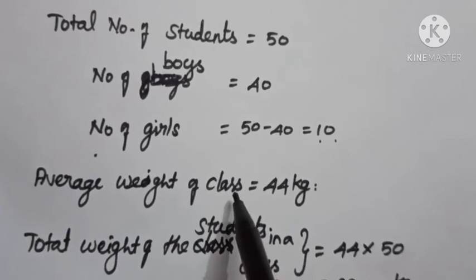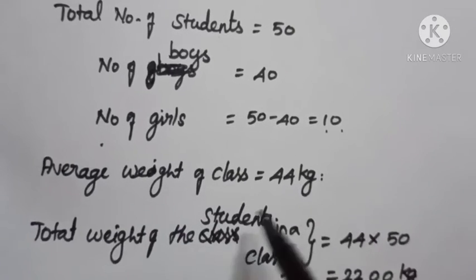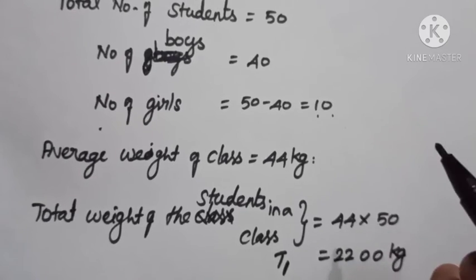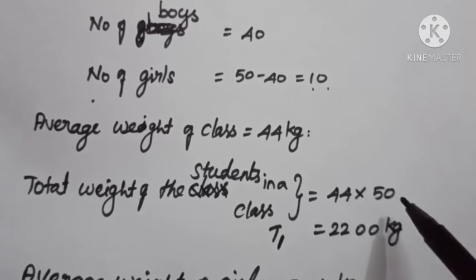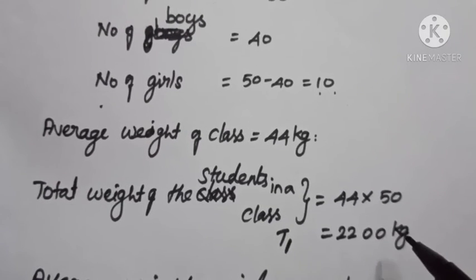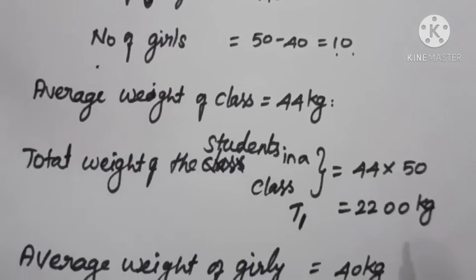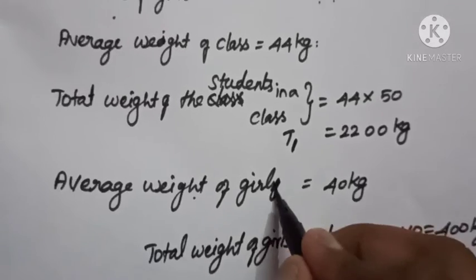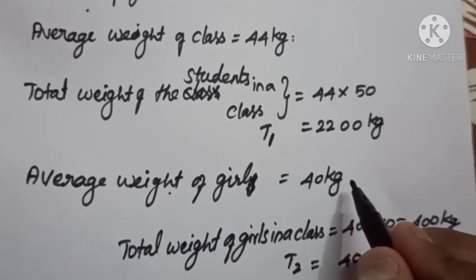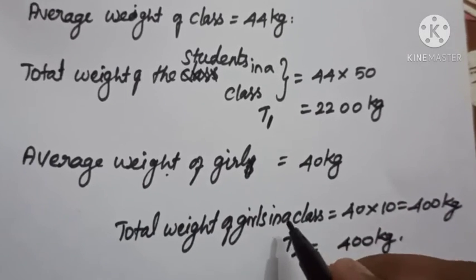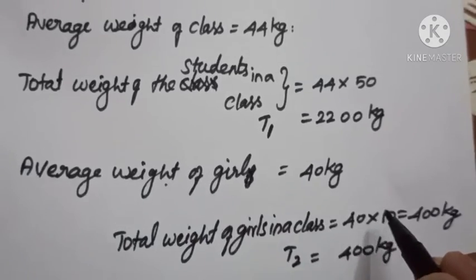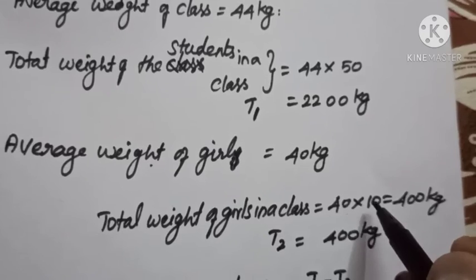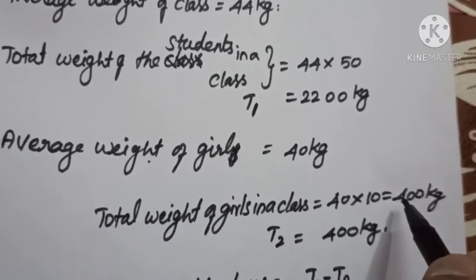The average weight of the class is 44 kilograms, so the total weight of the students, boys and girls together, is 44 into 50, which is 2200 kilograms. Next, the average weight of girls is 40 kilograms. So the total weight of girls is 40 into 10. The total number of girls is 10 and the average of the 10 girls is 40 kilograms, so the total weight is 400 kilograms.